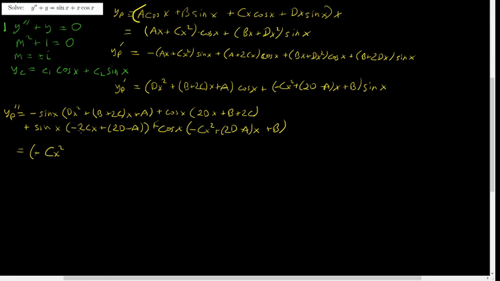I think that's 4dx. So 4 times d. And then minus a times x. Yep, that's still there. And then, let's see, plus b plus 2c. So all of that times cosine x.